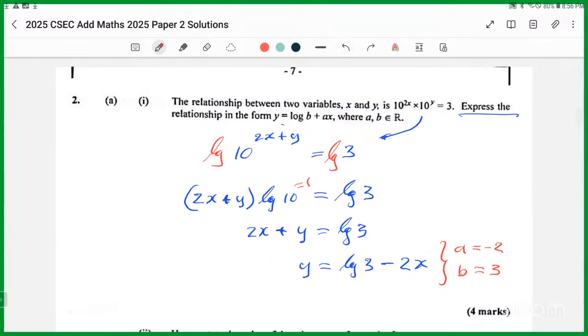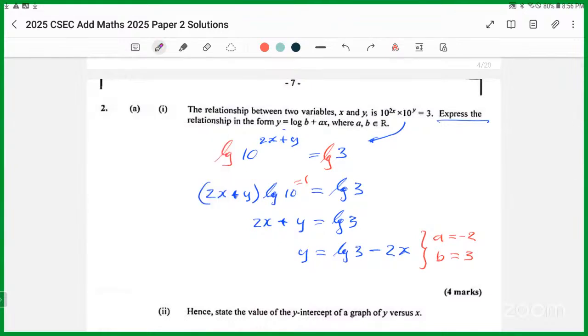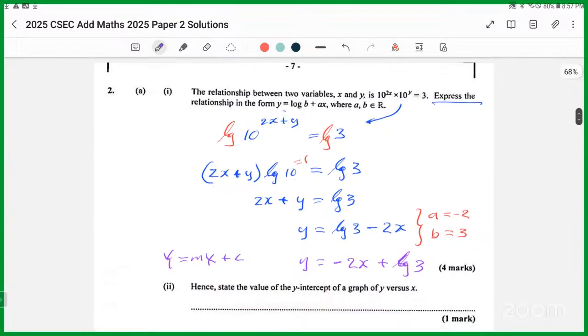Writing it in the form y equals mx plus c, y equals minus 2x plus the log of 3. So this will be the gradient, and this will be the y-axis intercept if you draw a graph of y against x.